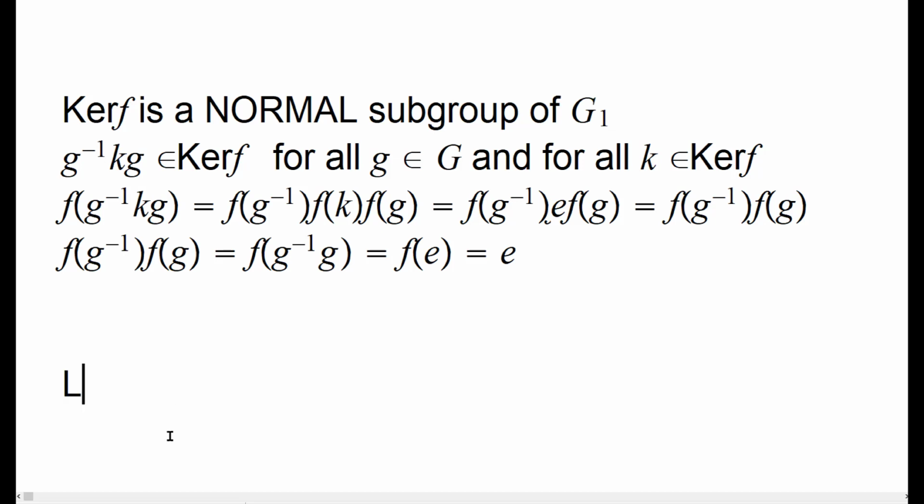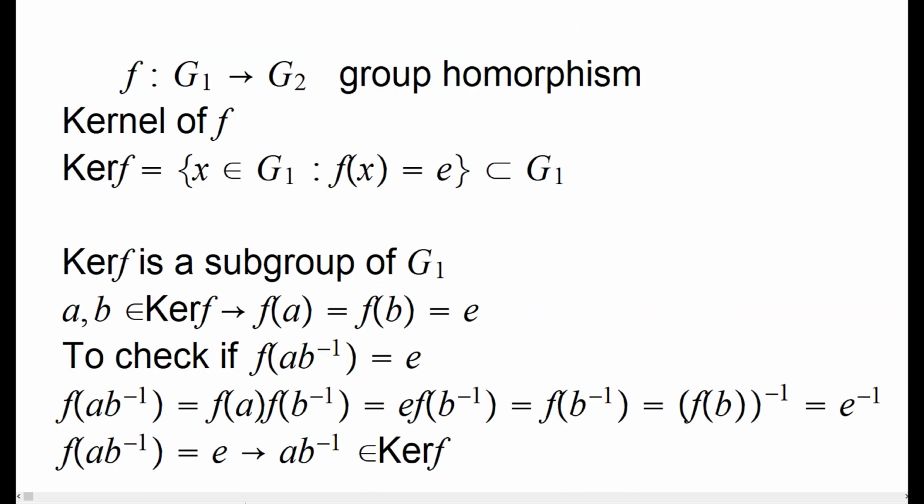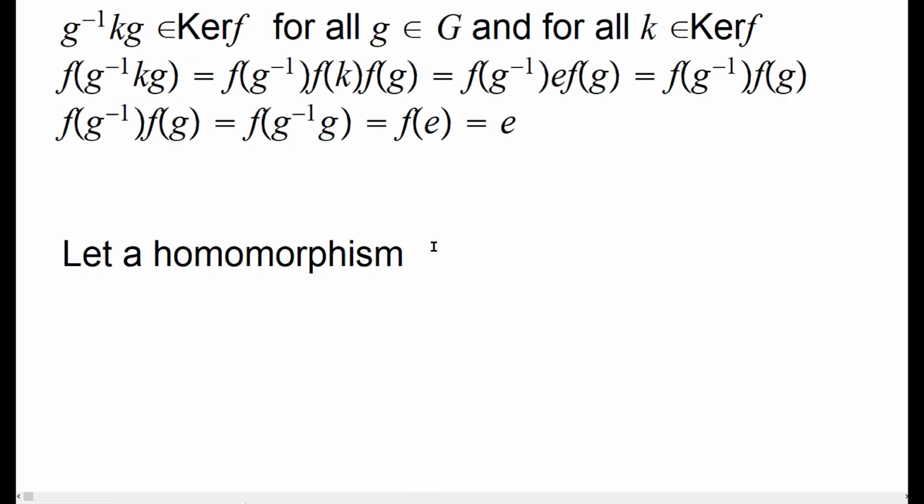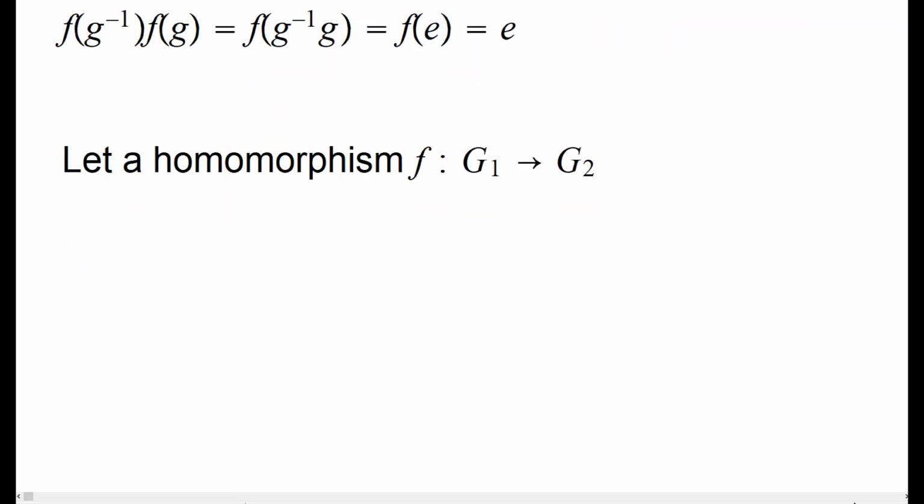So let a homomorphism F from G1 to G2, which we know is given to be a homomorphism, be one-one.